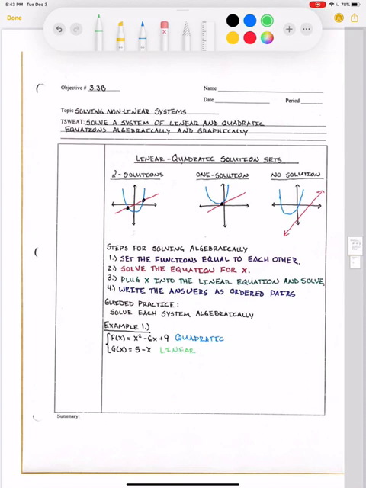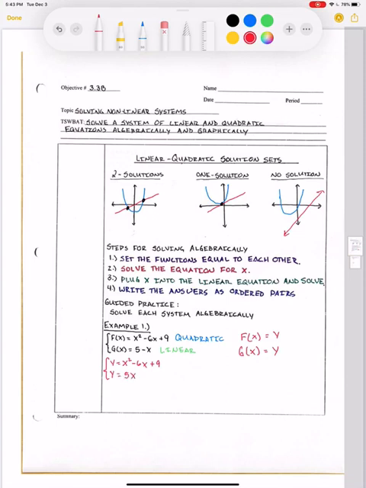And just to note, f of x and g of x, these are both y. So what we can do is we can say, hey, this is our system. I have y equals x squared minus 6x plus 9, and I have y equals 5 minus x.